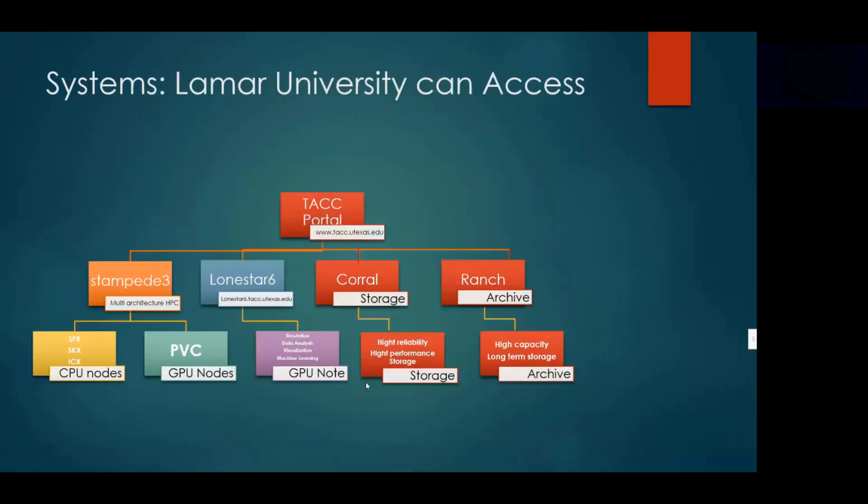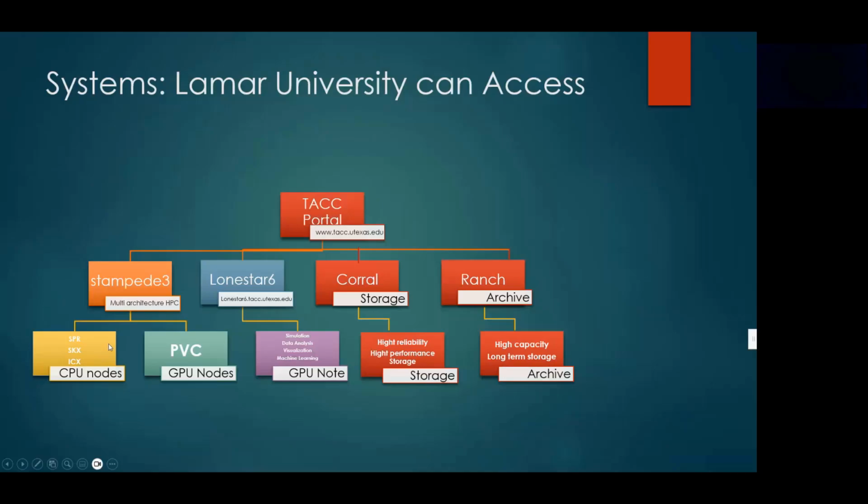What is the structure? Everyone is going to go to the portal, the TACC portal, to apply for an account. And then only one account. With your one account, you can access all these systems. One account, username, password. This one, Stampede 3, is available for us for high performance computing, basically the CPU.